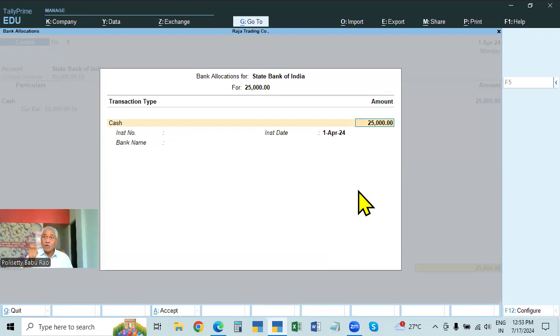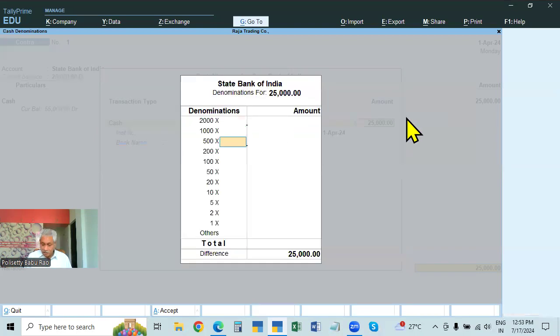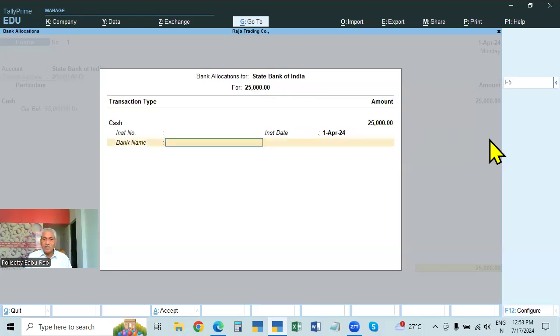When you are withdrawing, you have to give the check and withdraw the cash. In this case it is cash. It asks the denomination: 500 into 50, 25,000.